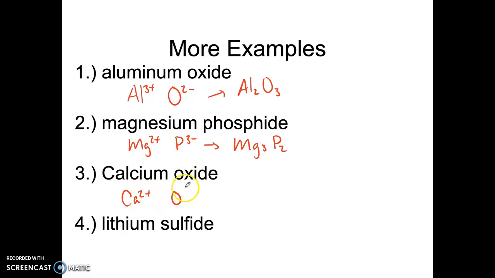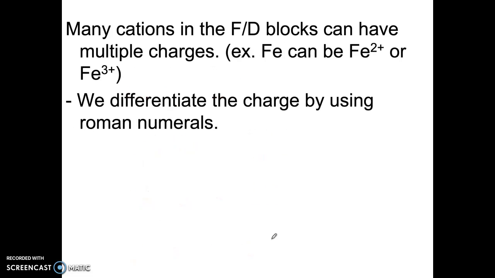Oxide, just like up here, is a 2-. So since these ones balance out, it's just CaO. Lithium sulfide, which is sulfur. So lithium is a +1. Sulfur is a 2-. So for this one, they switch. So we have lithium 2 sulfide. Okay. All right.